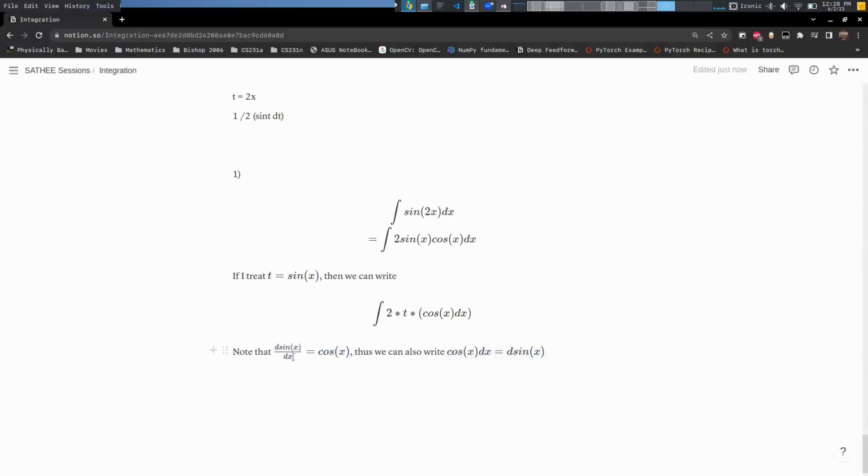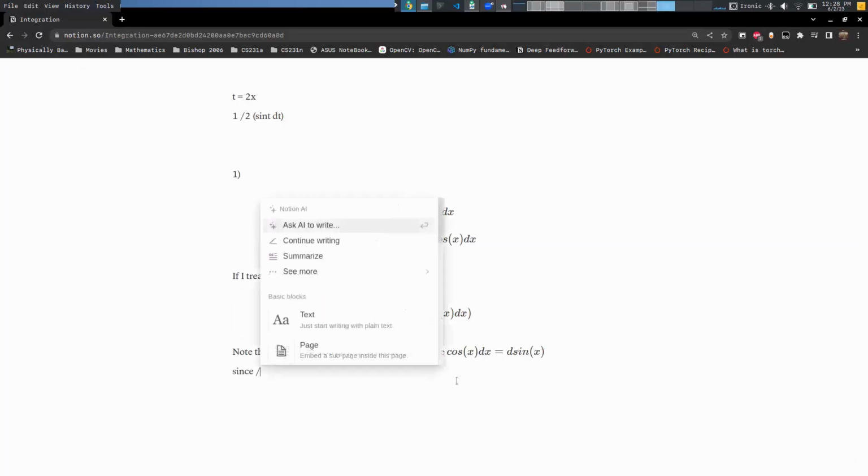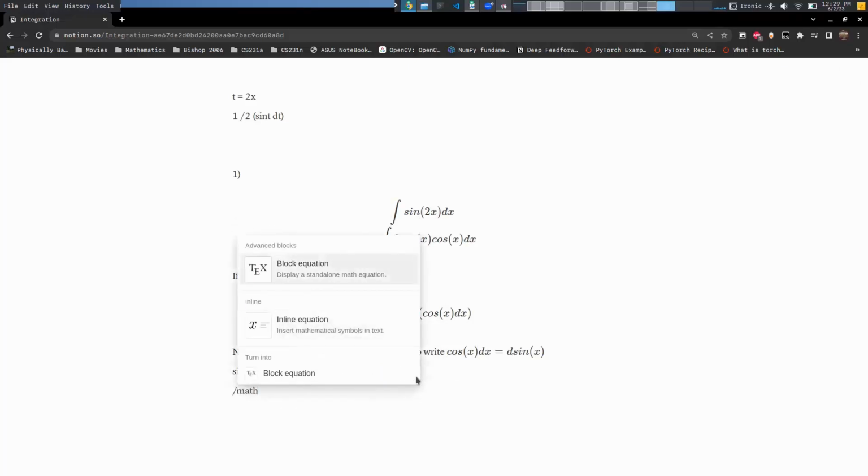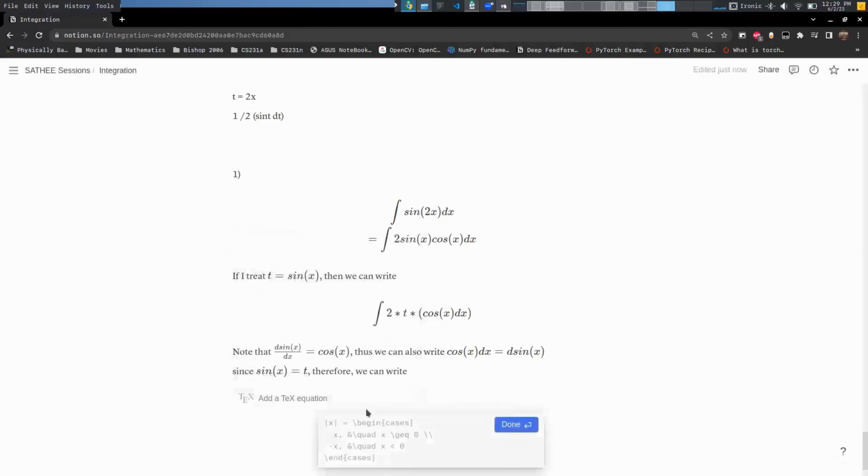We'll just simply transfer the dx to the right hand side to obtain cos x dx is d sine x. And sine x is t. Since sine x is t, we can write cos x dx is dt from this equation.